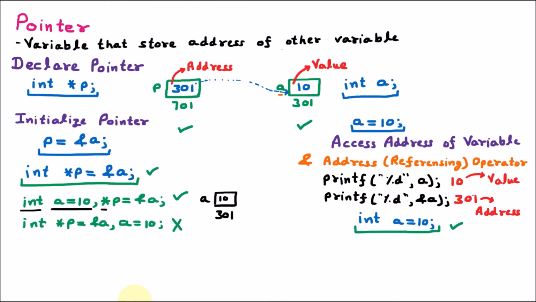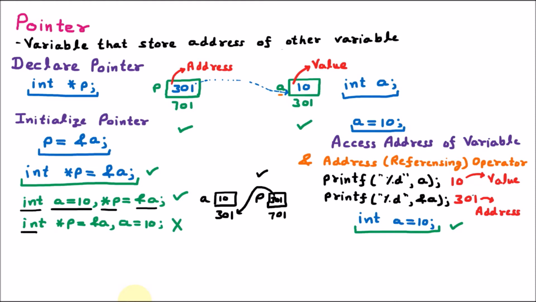Afterward *P. So here one more pointer variable is declared which is P equal to address of A. It is having the address of A. So here 301 is inside and it is having its own address, let's say 701. This is perfectly fine. But reverse it.